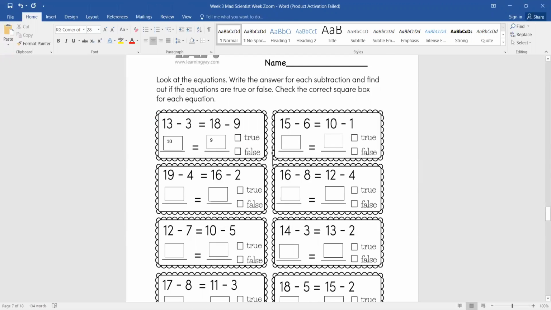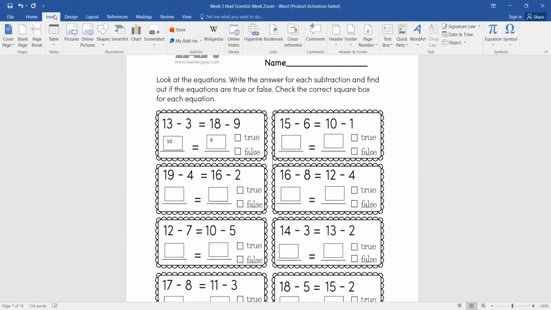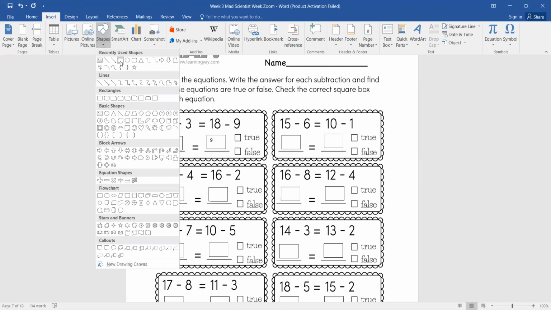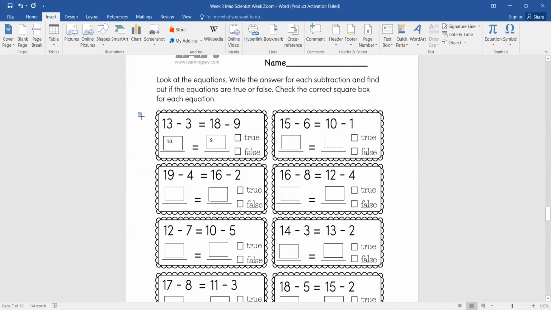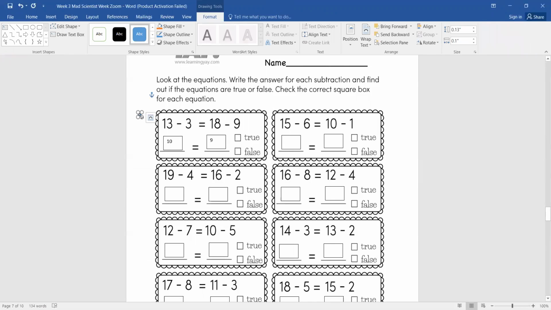So that one is, let's insert a shape. That one happens to be false. Oops, I'll just make it bigger. Control copy, control paste. That one is false because 10 is not equal to 9.